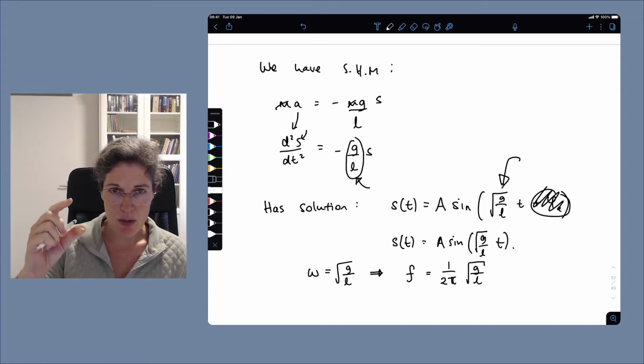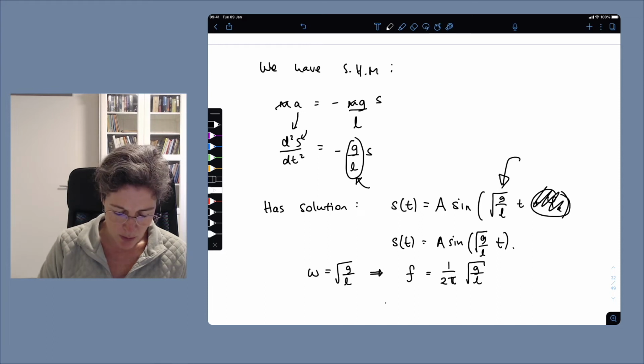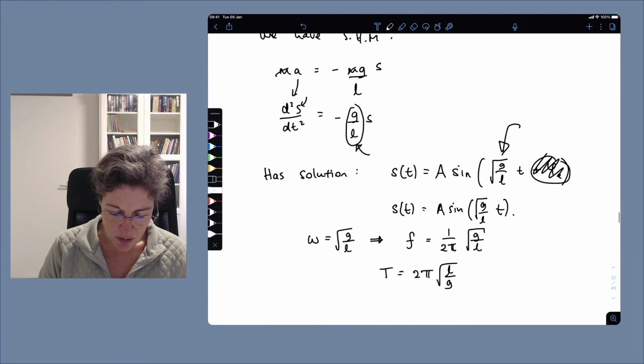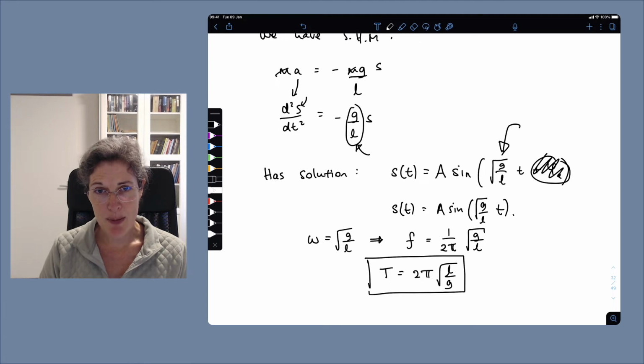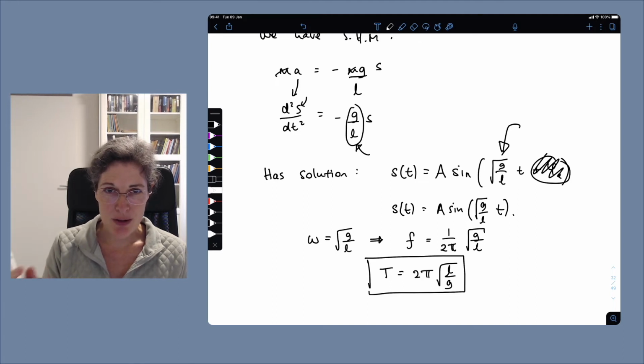And then we know that our period is 1 over our frequency, so we've got that our period is equal to 2 pi square root of L over g. So this is the equation that you were using when you were in the lab, which helped you calculate the value of g if you know the period and the length of your pendulum.